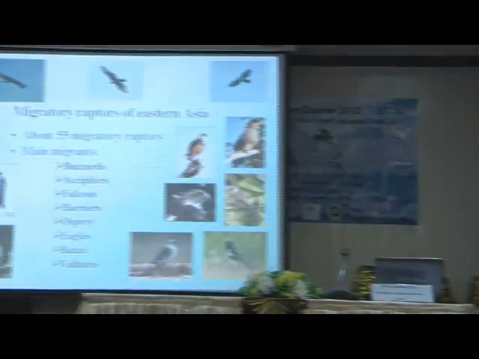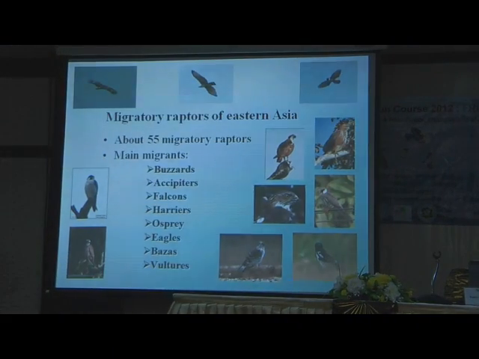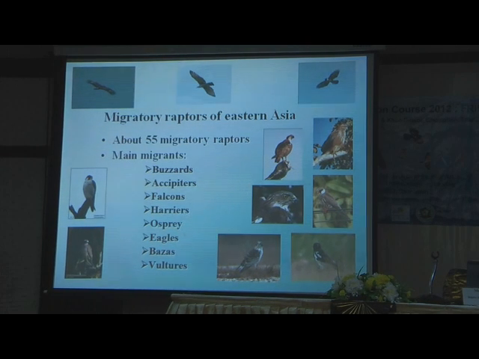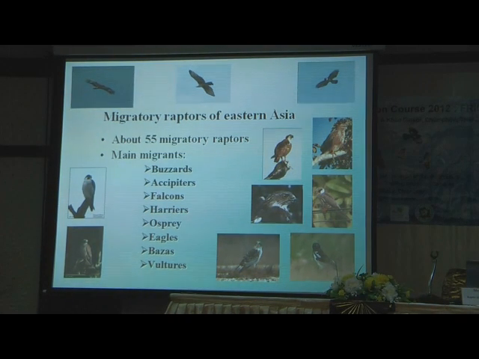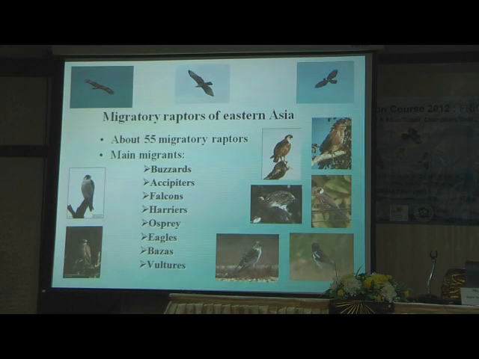In the strict sense of the word, there are about 55 species of raptors in Asia that are known to migrate, and as you can see, they include many different groups, many different families, ranging from different sizes, different ways of hunting, different habitats.